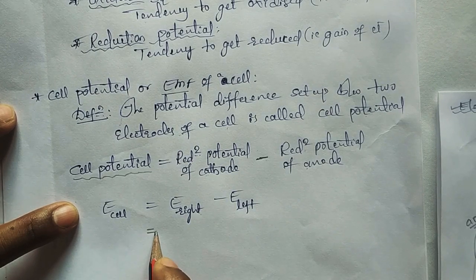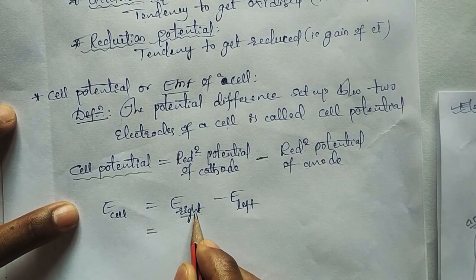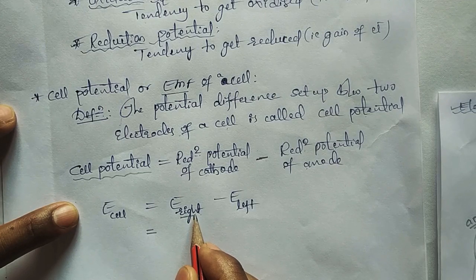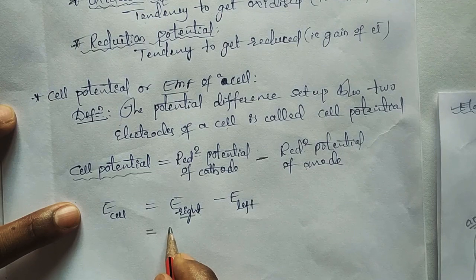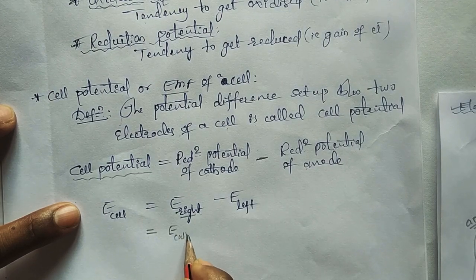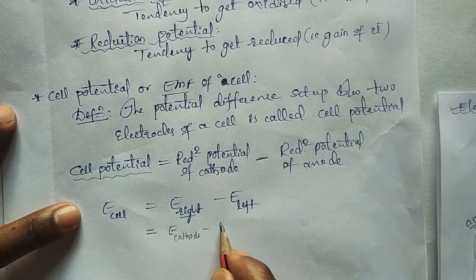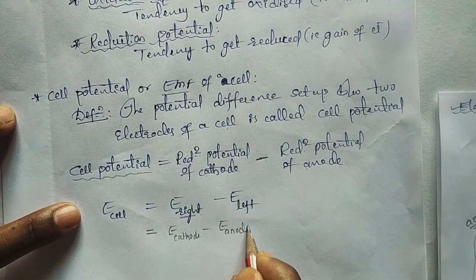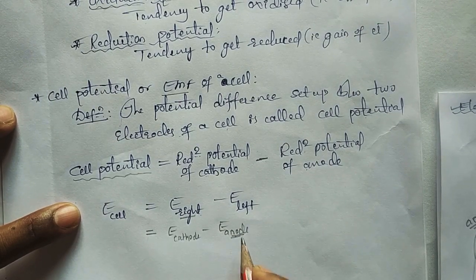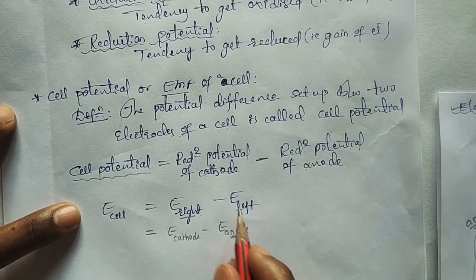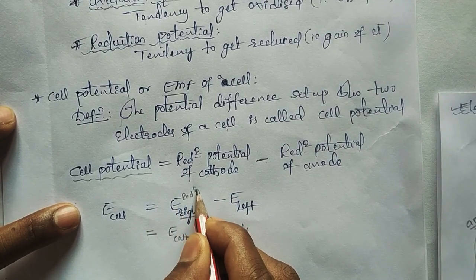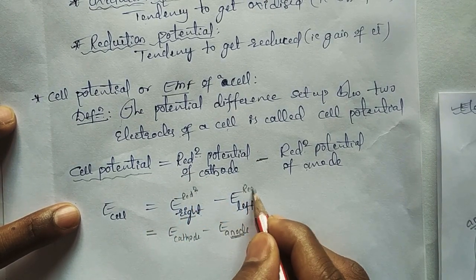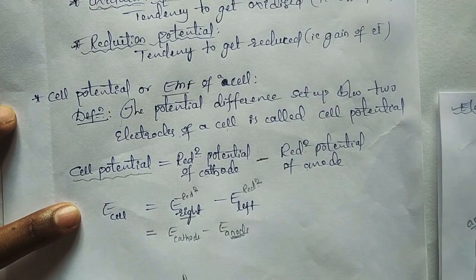Or simply यहाँ पर देखिए, at the right side of the cell reduction reaction is taking place, ये cathode है, so simply E cathode minus E anode. एनोड मीन्स जहाँ ऑक्सीडेशन होता है, वो ऑक्सीडेशन हुआ तो भी उसको हम रिडक्शन पोटेंशियल में लेना चाहिए, कंपल्सरी रिडक्शन. E reduction potential at the right side minus reduction potential at the left side, ये E cell.